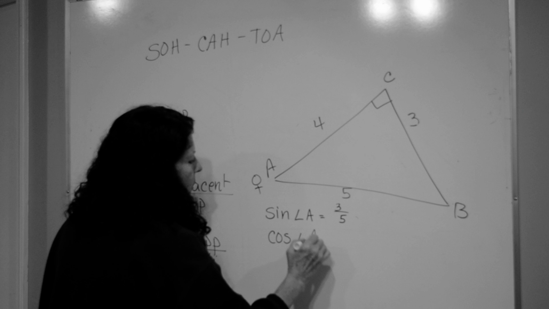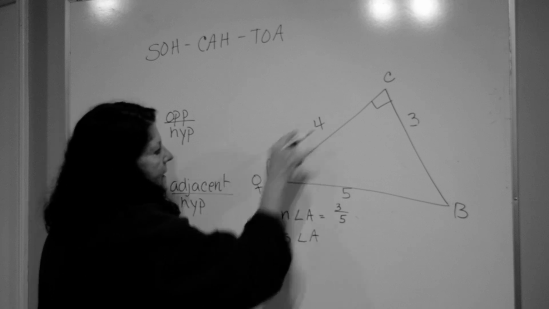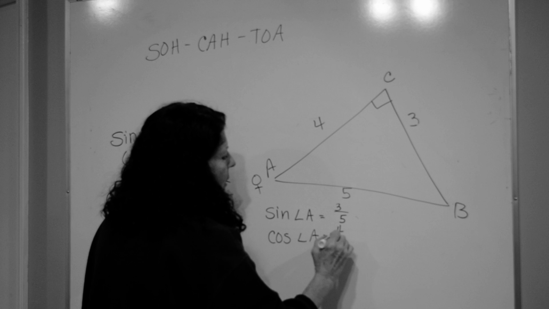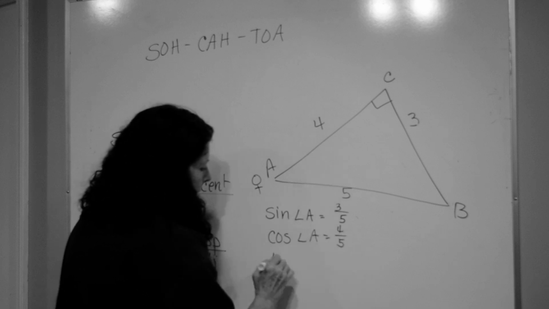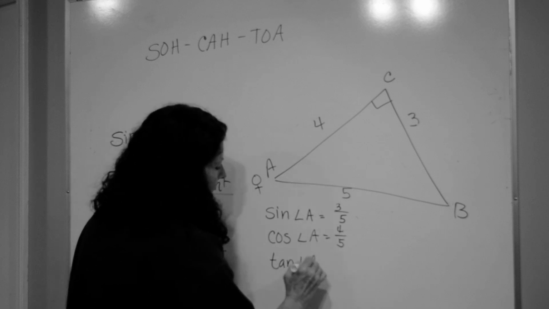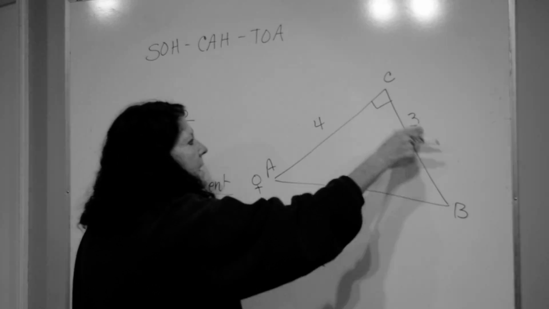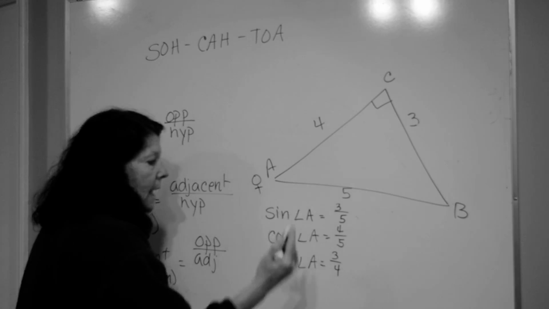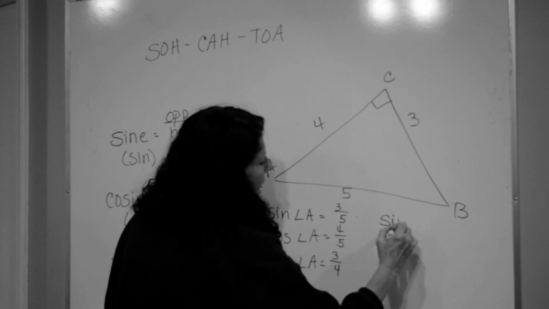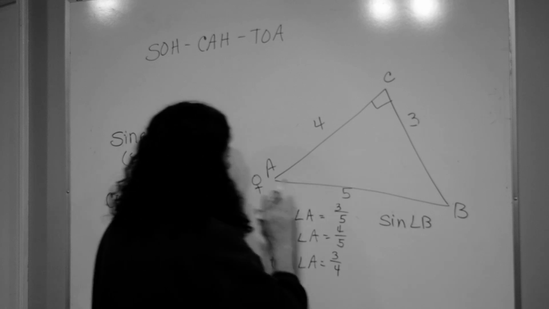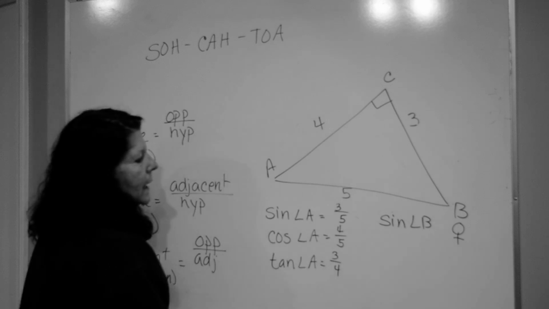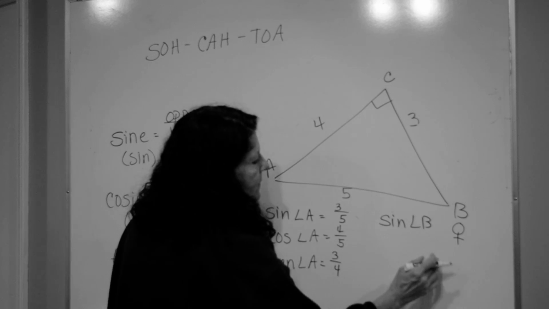Cosine of angle A would be adjacent. I can reach out and touch it, but it isn't the hypotenuse, of 4 over 5. And the tangent of angle A would be opposite over adjacent, which would be 3 over 4. But let's say I want to know the sine of angle B. Well, that means I'm going to run over here and stand at angle B. So now my perspective is different.